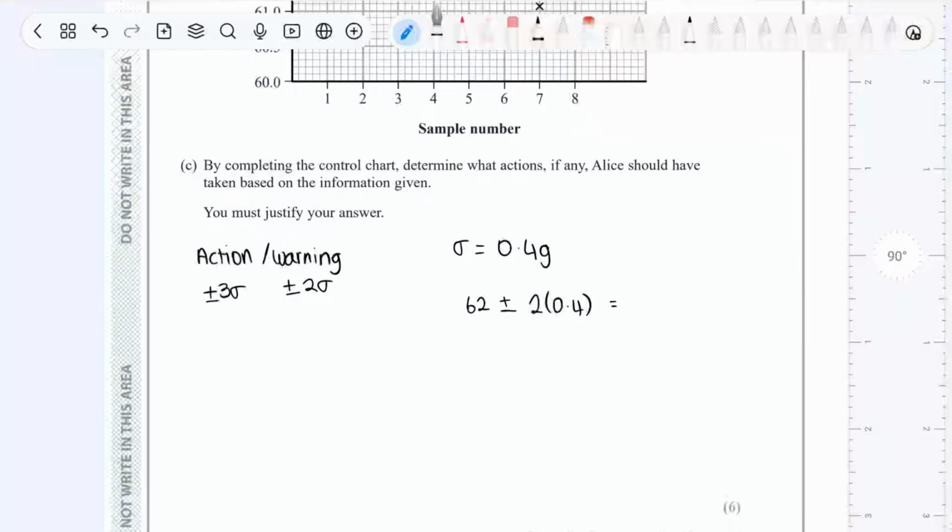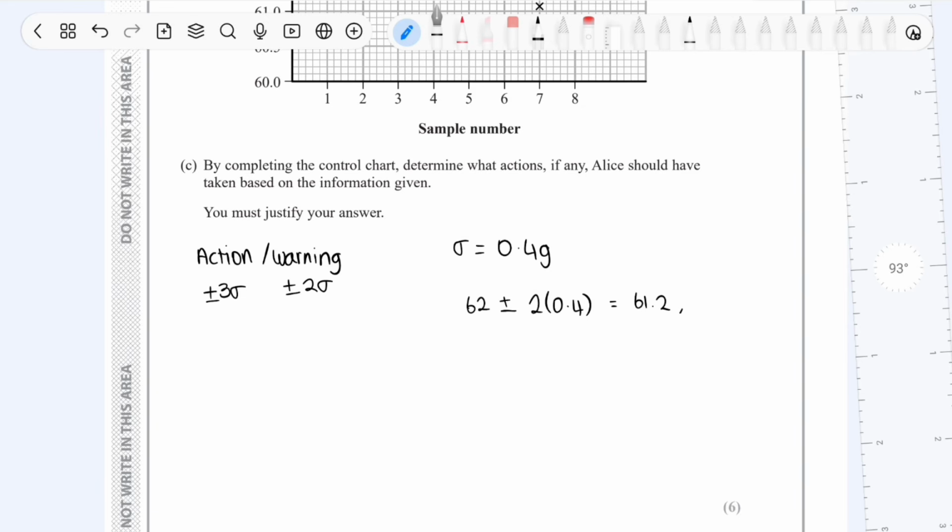For our lower limit, 62 minus 2 lots of 0.4, we get 61.2. And for our upper limit, where you add 2 lots of 0.4, we get 62.8.